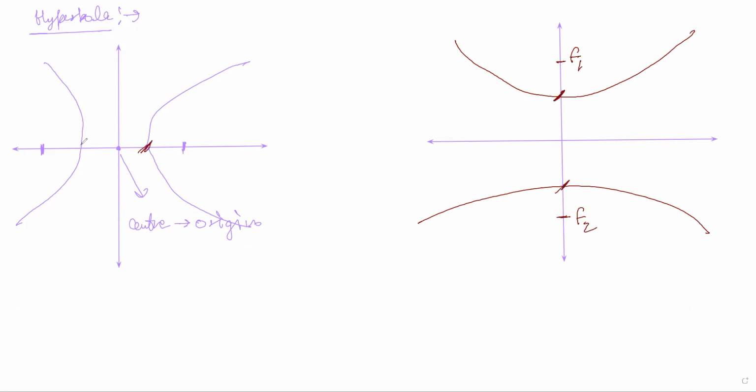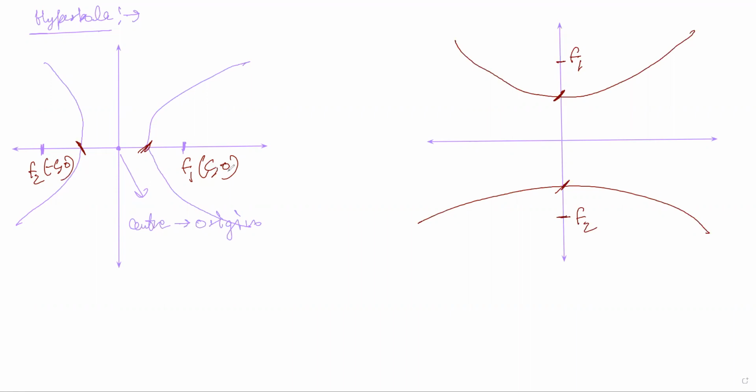Again, these are vertices. These are foci. So you know the coordinates of foci in ellipse. What were they? Plus minus c comma 0. Similarly, same here. Now this was known as major axis. X-axis was known as major axis and Y was known as minor axis in this case.